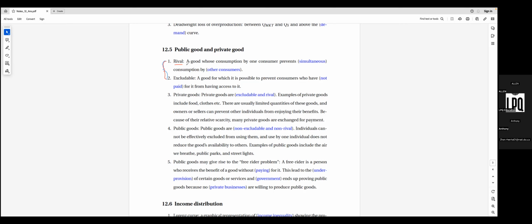You may wonder, in most cases in real life, it depends on who purchased, who paid the money for the goods and services. Only paid customers naturally have access to some kind of goods and services.